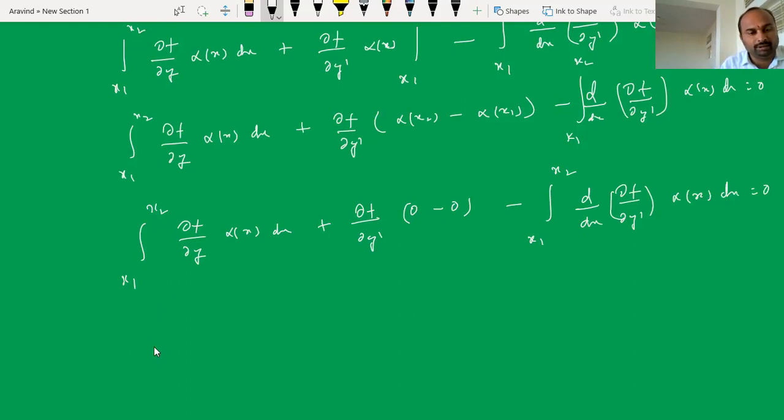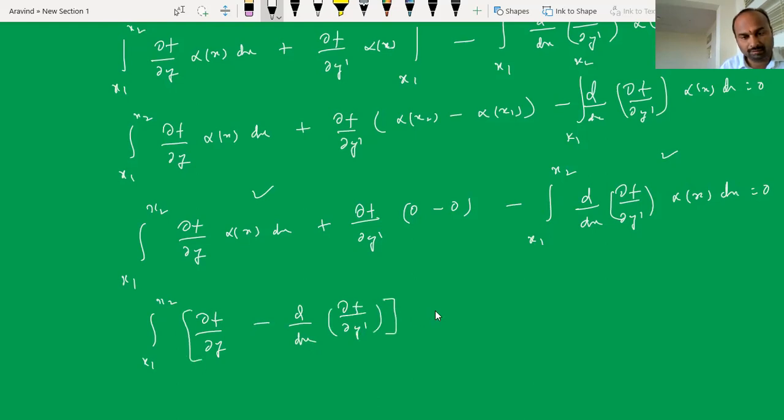So integral from x1 to x2. Now I will combine both. So ∂f/∂y minus d/dx of ∂f/∂y', into α(x) dx is equal to 0.